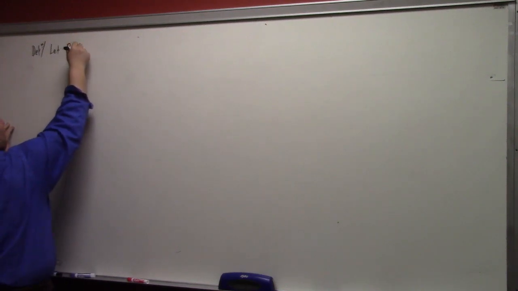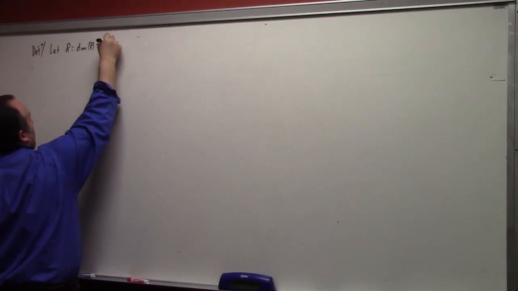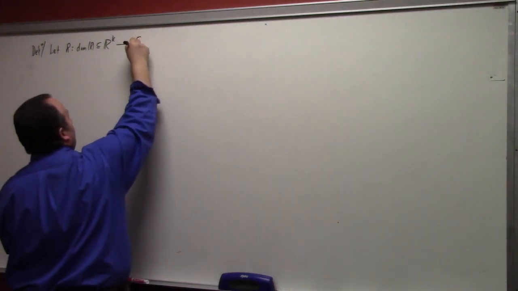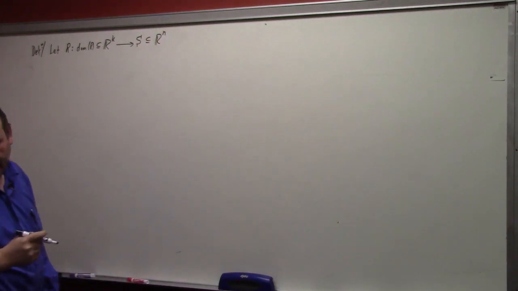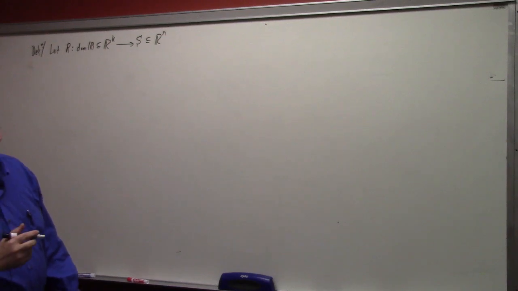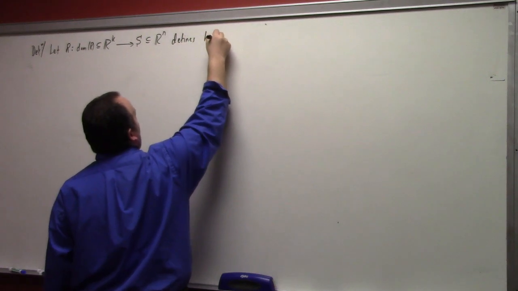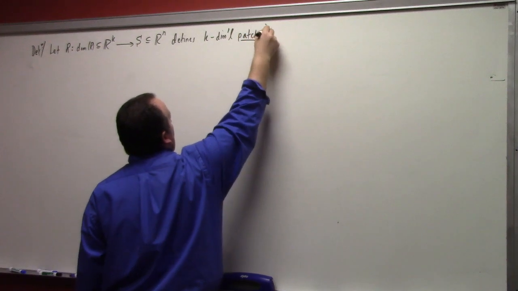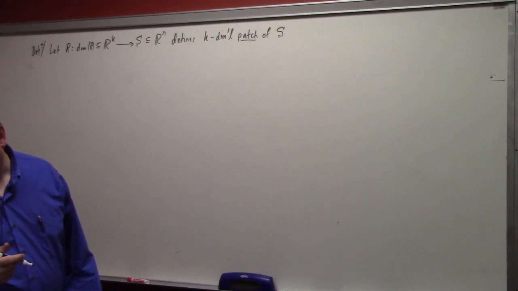R is a mapping from the domain of R, which is a subset of Rk, to S, which is a subset of Rn, defines a k-dimensional patch of S.